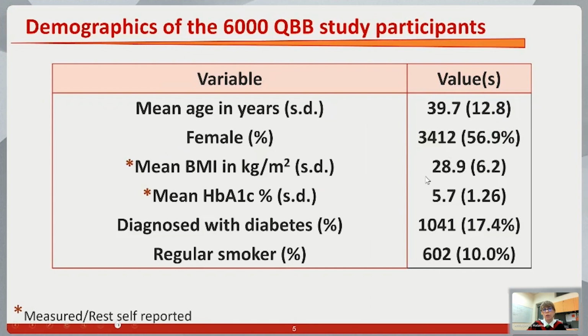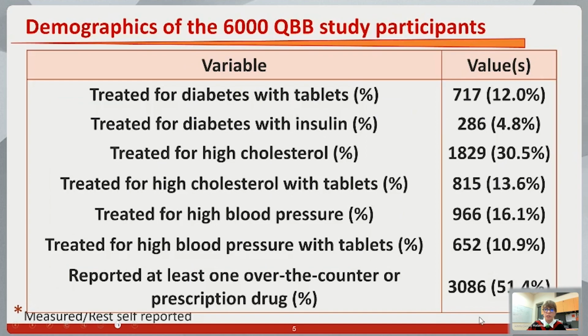Also, from the perspective of BMI, we have a slightly overweight population, where the BMI mean is 28, almost 29, and a little bit enhanced values of HbA1c. If we look at the population generally, around 17% of people have type 2 diabetes.